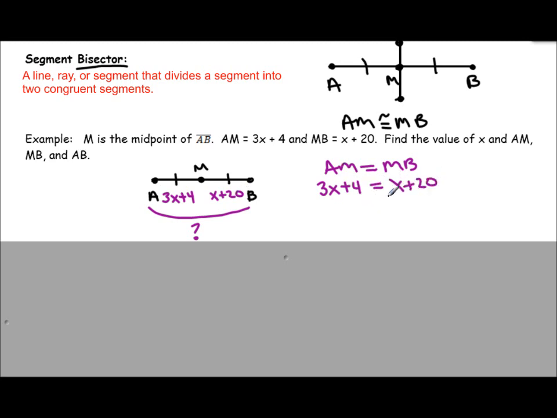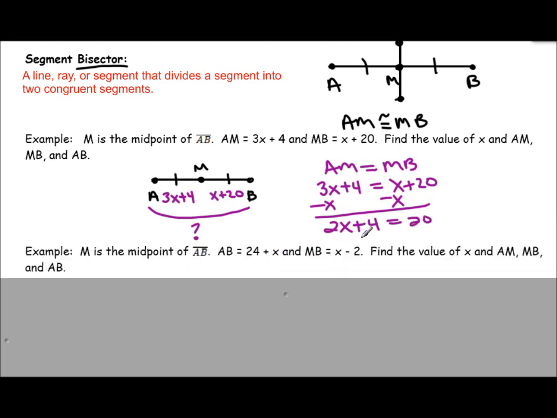I'm going to subtract x from both sides, so I'm going to get 2x plus 4 equals 20. I'm going to subtract 4 from both sides, so I'm going to get 2x equals 16. Divide by 2, then my x is 8. That gives me my x value.